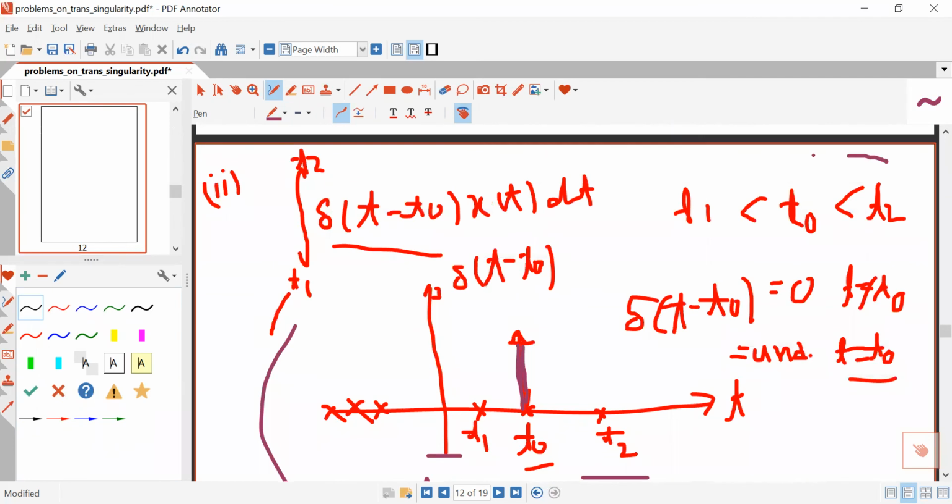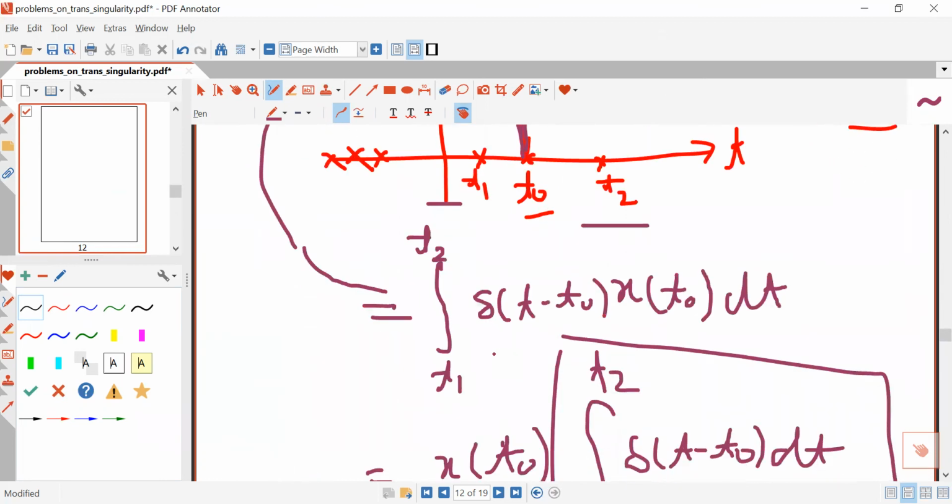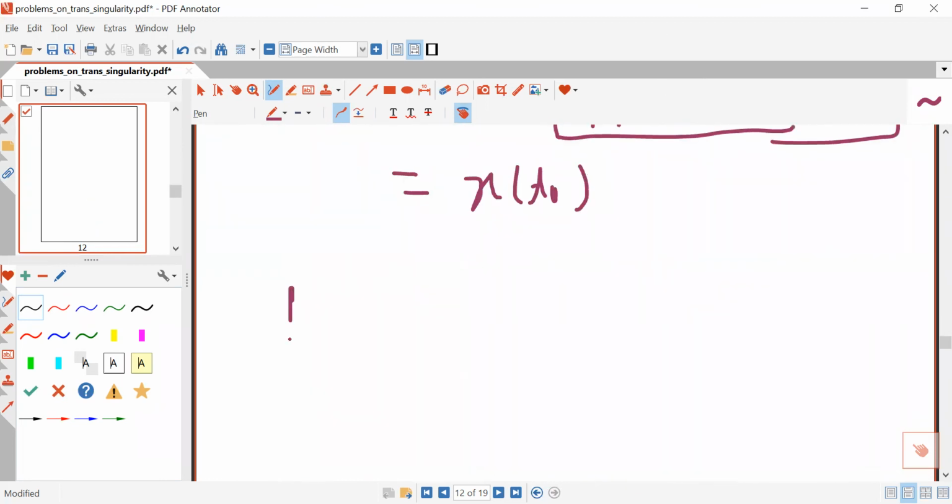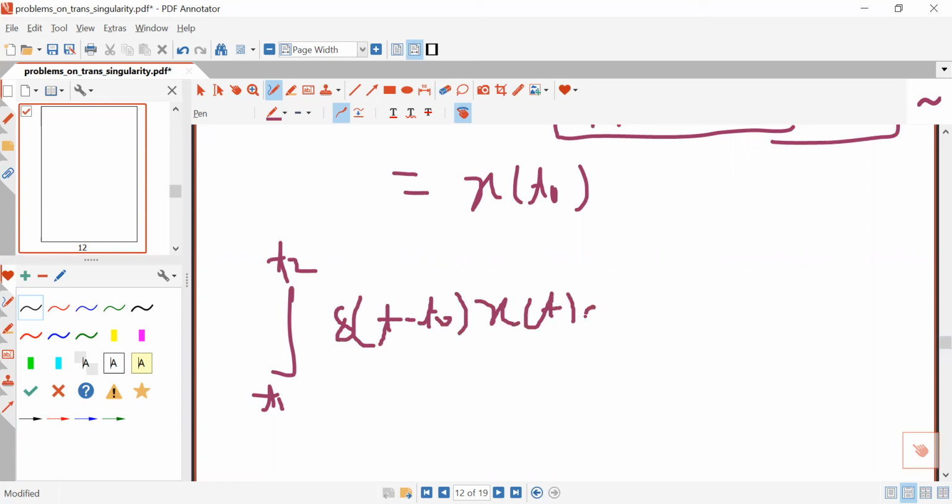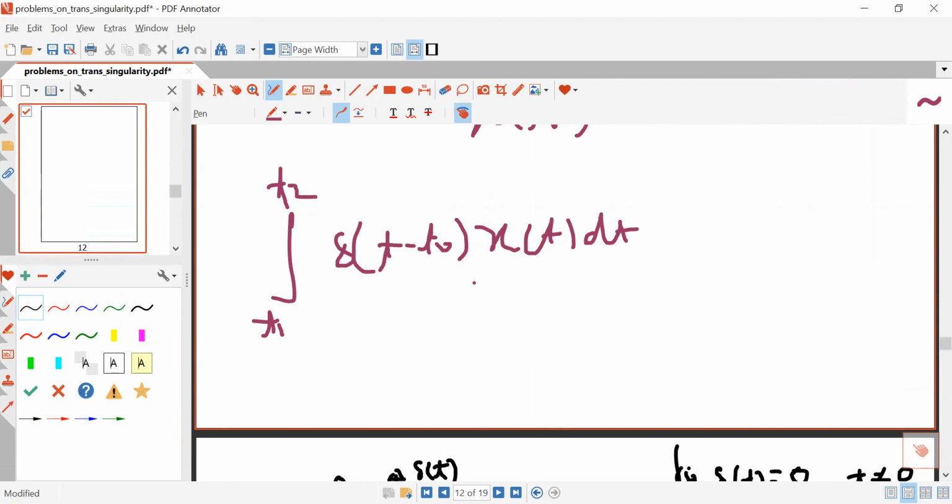But you must check whether t naught lies in between t1 and t2 or not. If t naught does not lie between t1 and t2, then the value of integration will be 0. So this integration, delta t minus t naught x(t) dt, will be equal to x(t naught) only when t naught lies between t1 and t2.